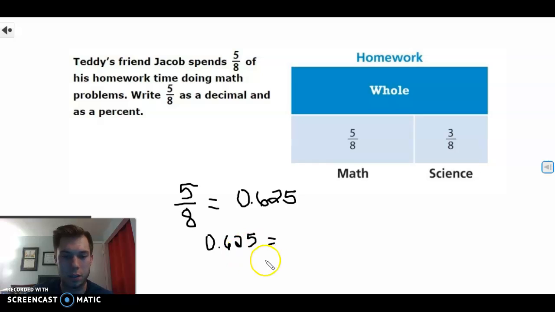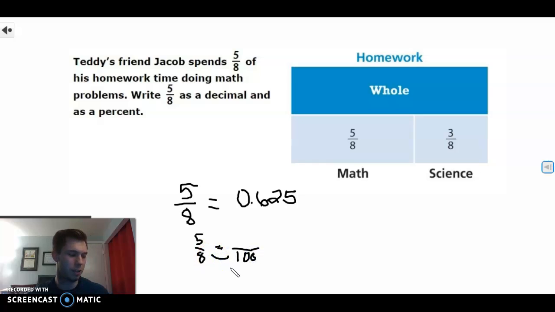Actually, yeah, let's go ahead and do that. Alright, so we're going to have 5 over 8 and set that equal to 100, because that's how we're going to make our percent.